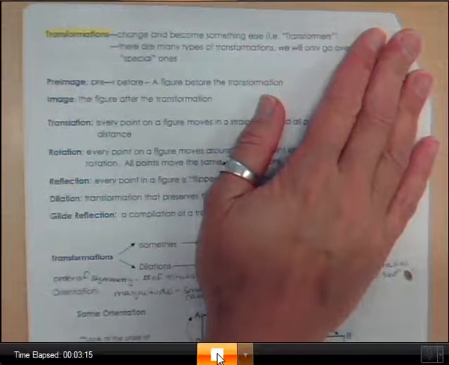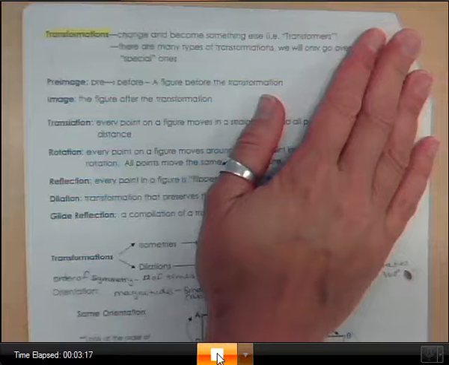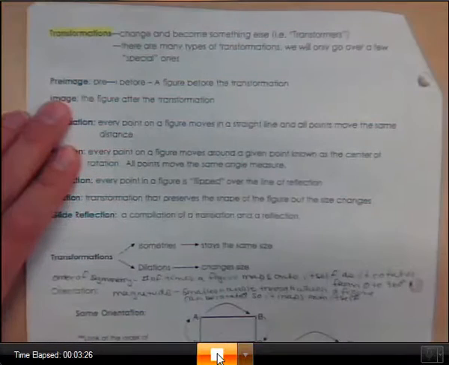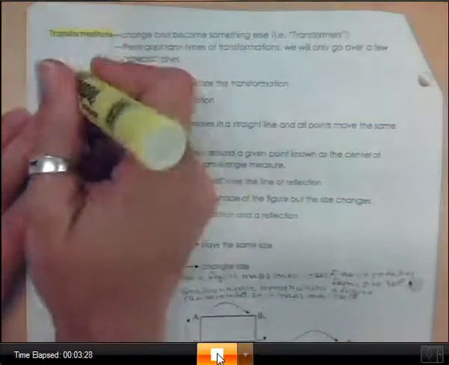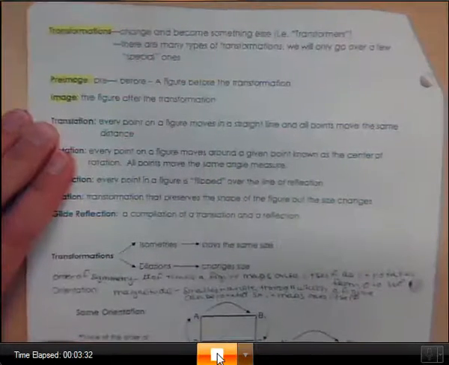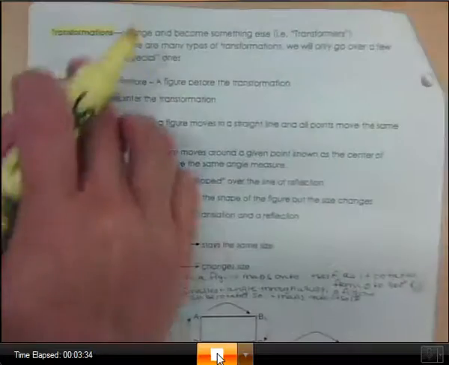A dilation is a transformation. A reflection is a transformation. So those are all examples of transformations. Pre-image is the image before, the picture before, and the image is the picture after. Those are huge. We'll talk about pre-image and image a lot.